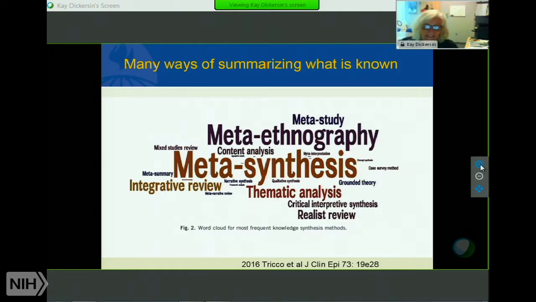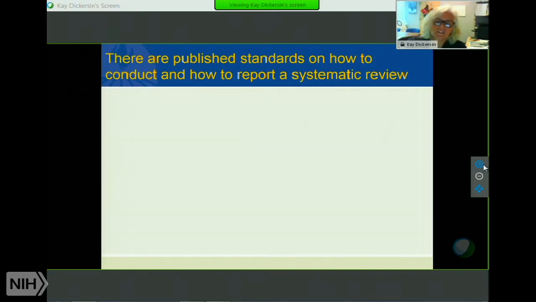Well, I don't see these big terms so much. I see scoping review, landscape review, narrative synthesis. I see those more often. So depending on your field, you may see other terms more often, but still the question exists as to are these valid substitutes for a systematic review?